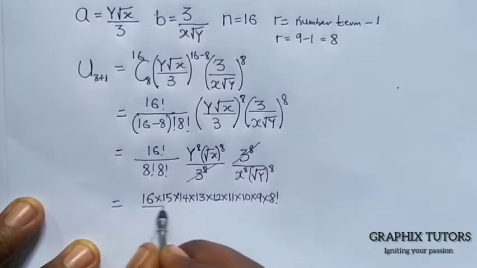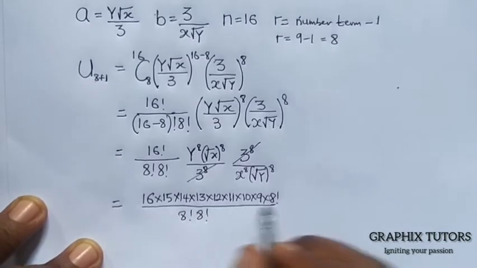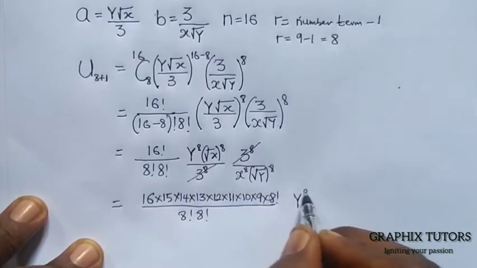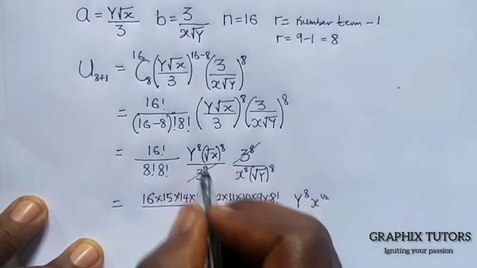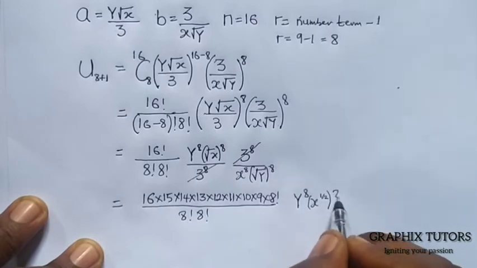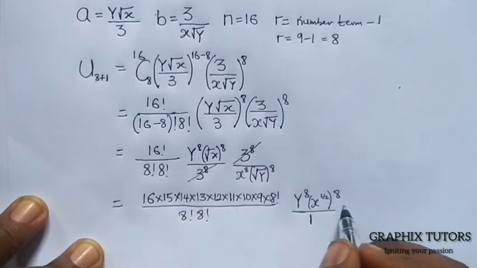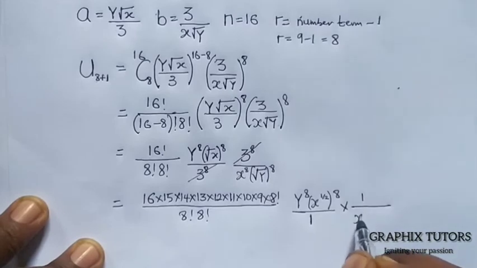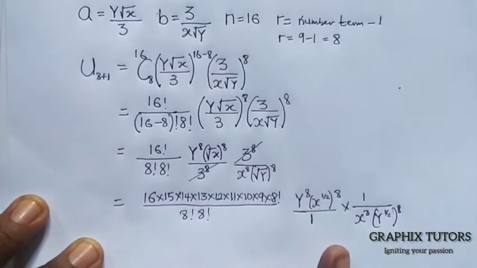I'll stop at that 8 factorial, all over 8 factorial, 8 factorial. Multiplied by y to the power of 8 here, and also x to the power of 1 over 2 because of the square root sign, all to the power of 8, all over 1 because this is 1 remaining here, multiplied by 1 all over x to the power of 8 and y to the power of 1 over 2, everything to the power of 8.